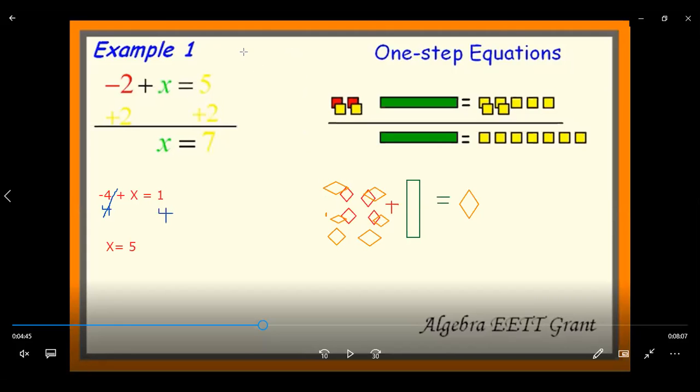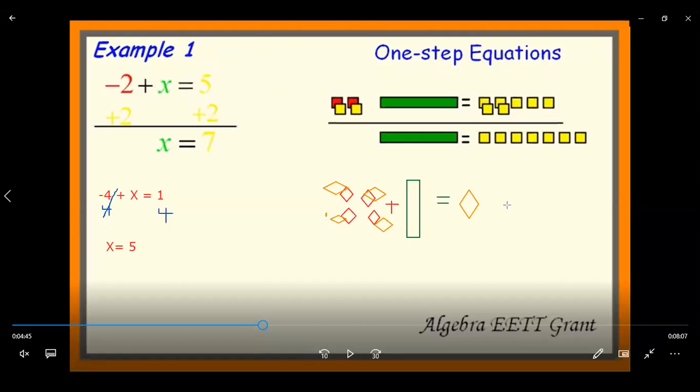Okay, Abdurrahman Sobhi, do you want to continue? Let me ask you a question. Do we have to add positive 4 to one side or to both sides?